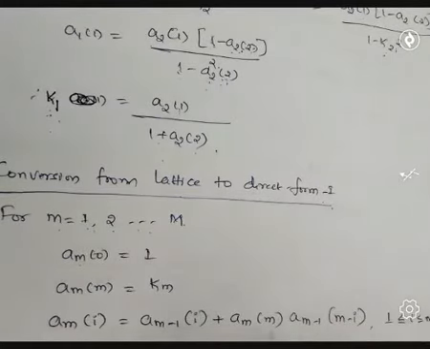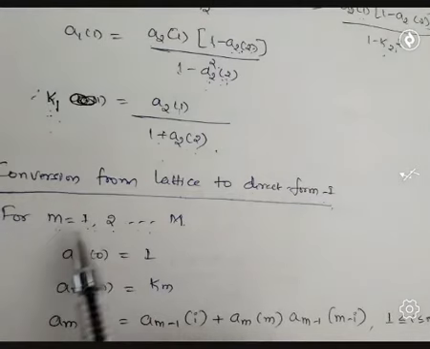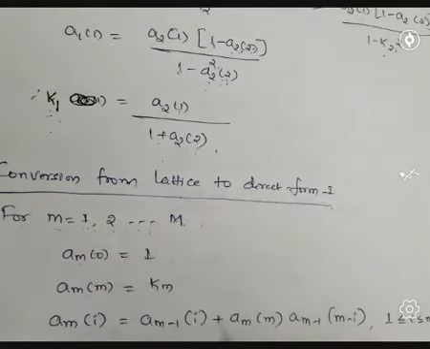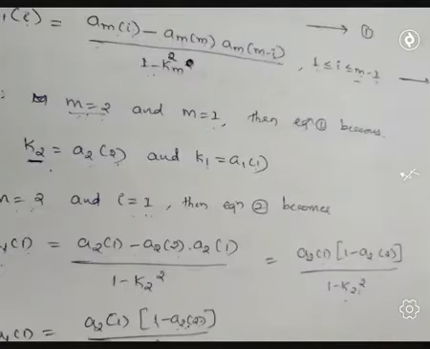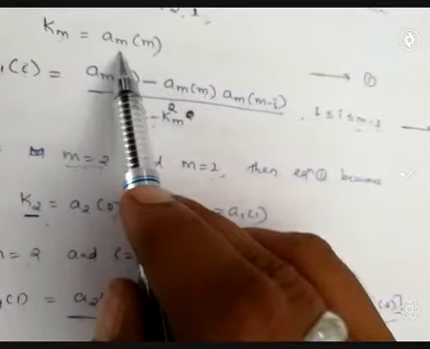Okay. So for m equal to 1, 2, 3, in ascending order up to m, am of 0 equal to 1, am of m equal to km. Here also we discussed am of m equal to km. Same thing.